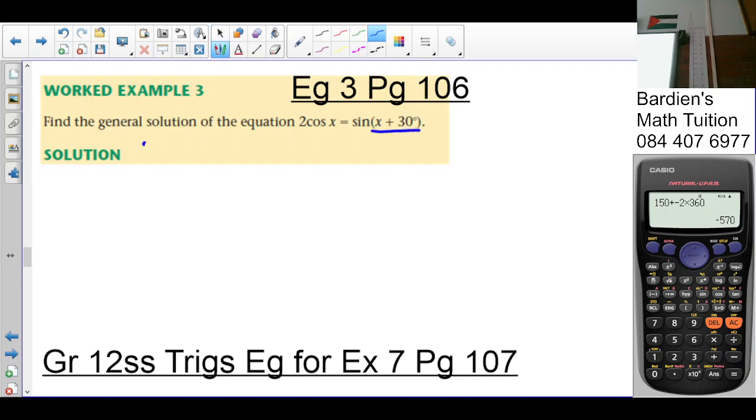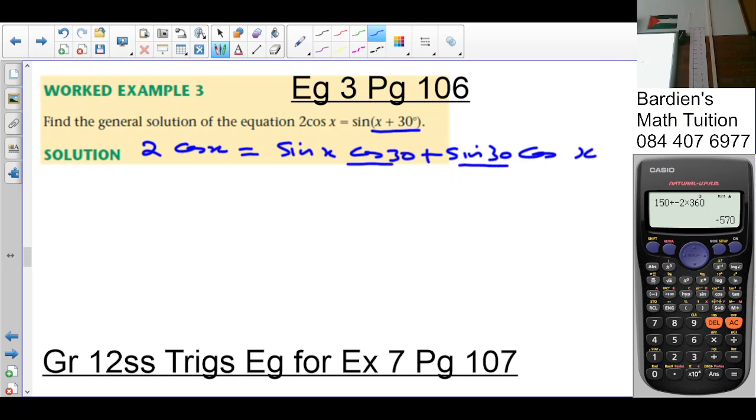You'll have 2 cos x equals, the sine expansion is sine alpha cos beta plus sine beta cos alpha. We know that those are special angles. So cos of 30 is root 3 over 2, sine x, plus sine 30 is half, cos x, is equal to 2 cos x.